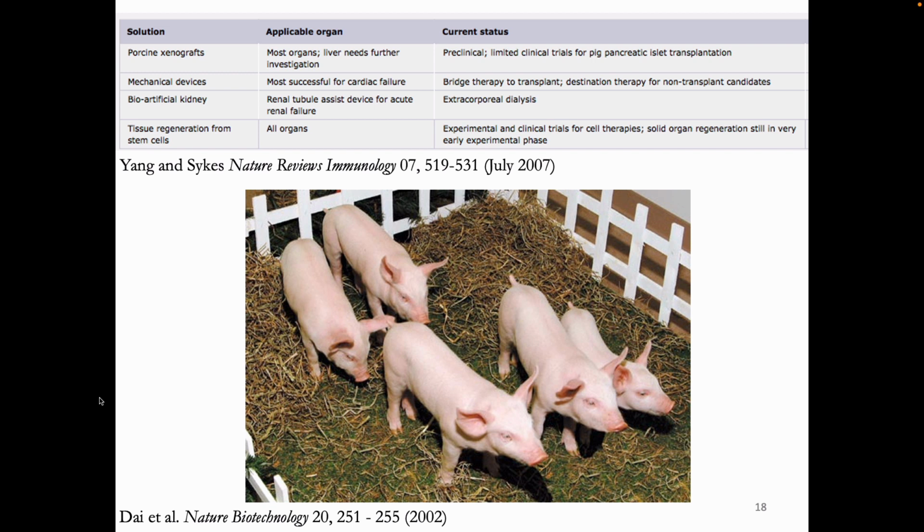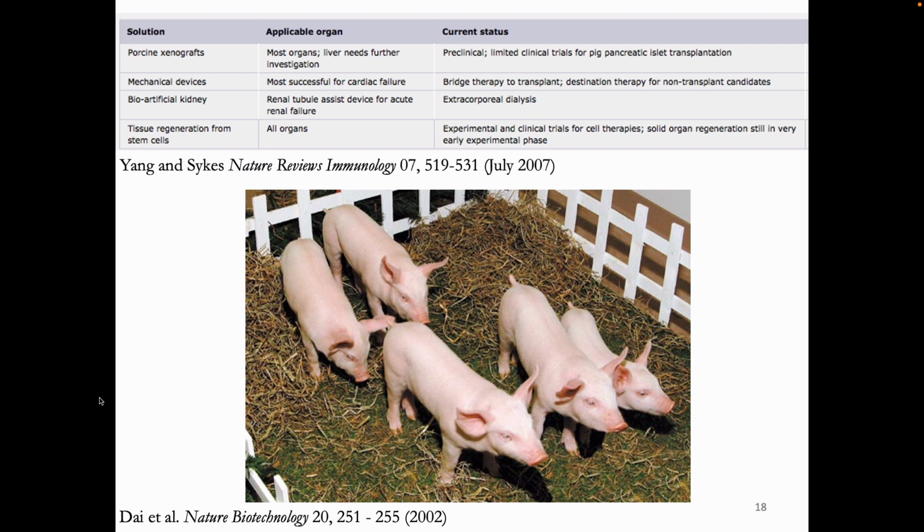We don't have this problem with pigs. And it turns out that volume-wise, pig organs are basically the same volume as our organs, at least from these miniature swine that are hundreds of pounds, and in no way miniature. Their organs are the same volume as our organs. And so they have been hypothesized to work the best for a lot of reasons.